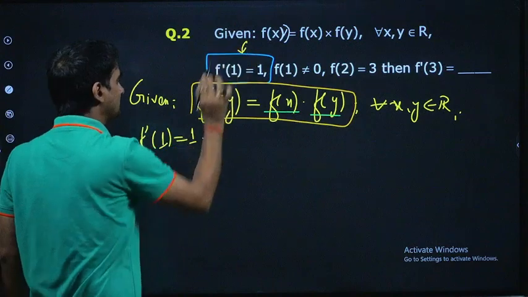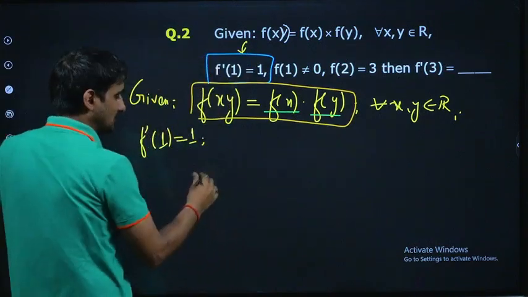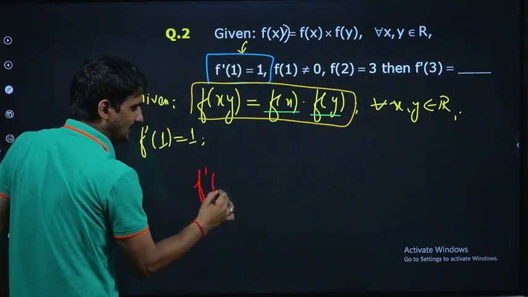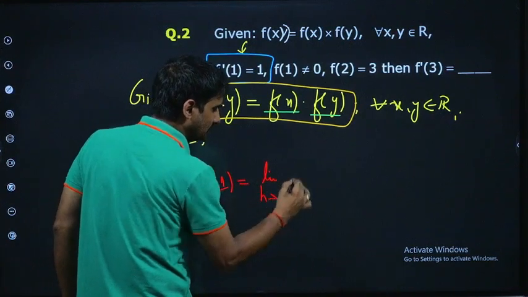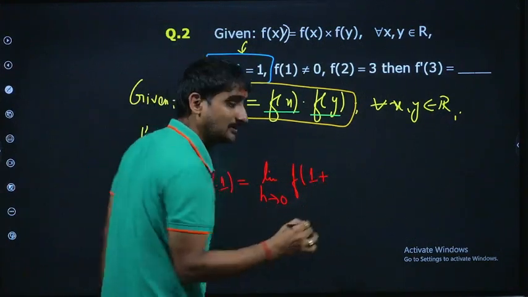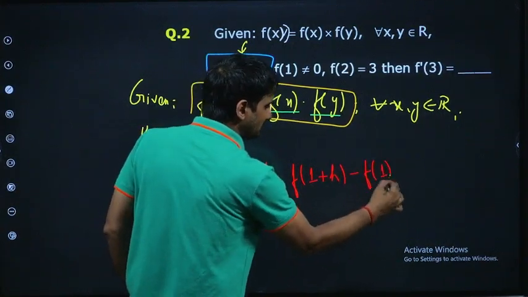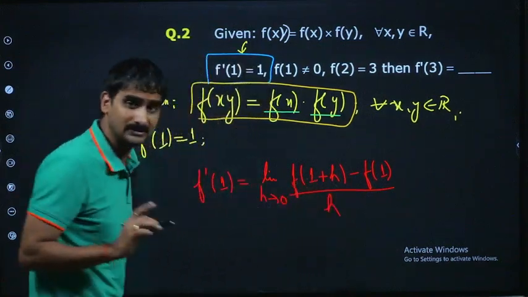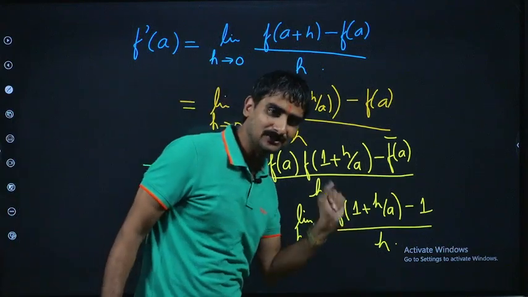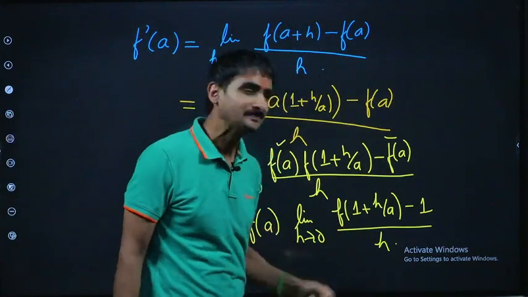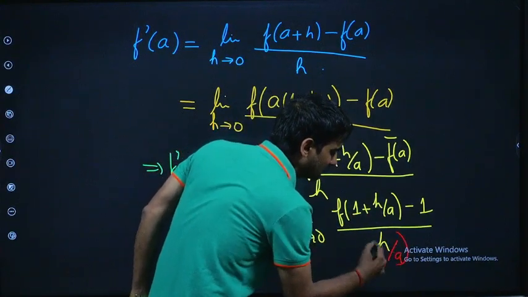Now how do we use the given information? Let's rewrite it in terms of the first principle of differentiation. We can write f dash of 1 is the limit as h approaches 0 of f of 1 plus h minus f of 1, upon h, where a is 1 here. Now we have something similar. We have h in the denominator, and 1 plus h by a in the numerator, which we can balance by dividing and multiplying by a.